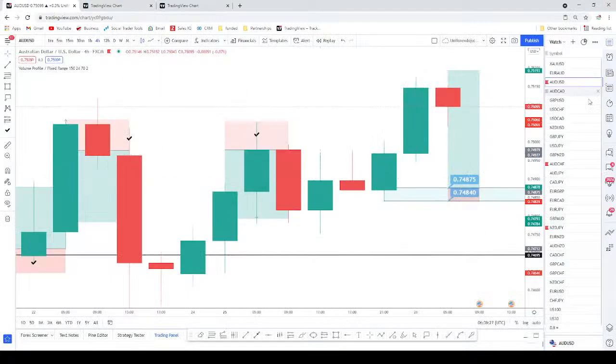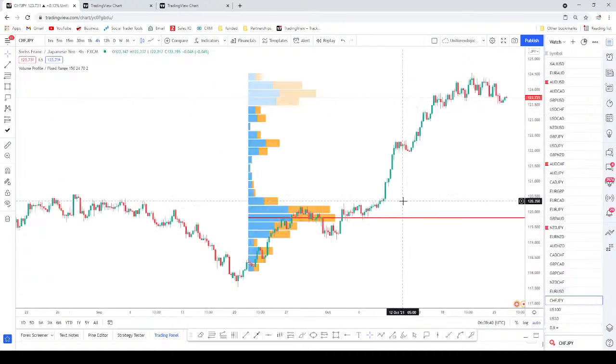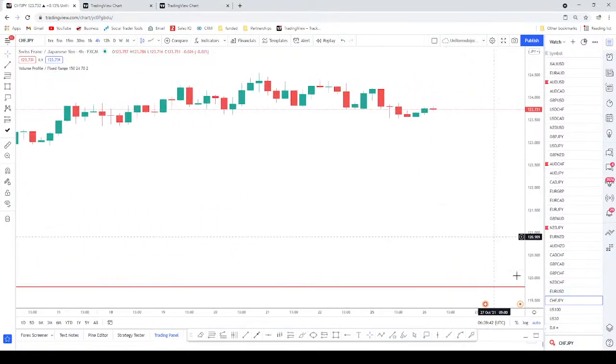And Swiss franc JPY, that's another pair that hasn't been friendly to me, I think. Yeah, if it's at the bottom here, it means it hasn't really been friendly for me.